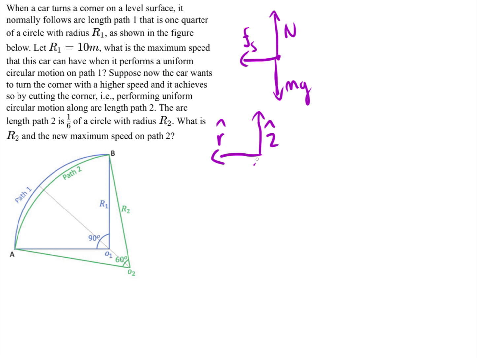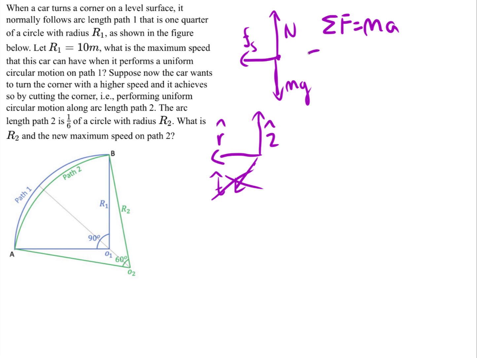We also have a component tangential to the circular motion, and we don't have any forces acting on it right now, so this whole part can be neglected. So we can use Newton's second law that says the net force acting on an object is equal to the mass times the acceleration of the object.